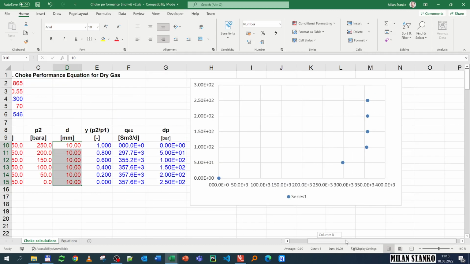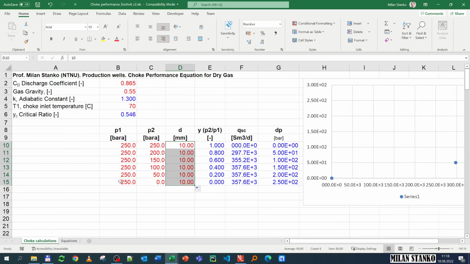You can also see the effect of changing the inlet pressure. What effect will it have on the curve? You can also use this in a different way. Here we have used it for metering, in a way. We have inlet pressure, outlet pressure, and diameter, so we want to find out the rate.